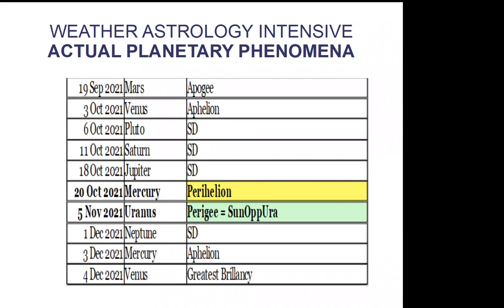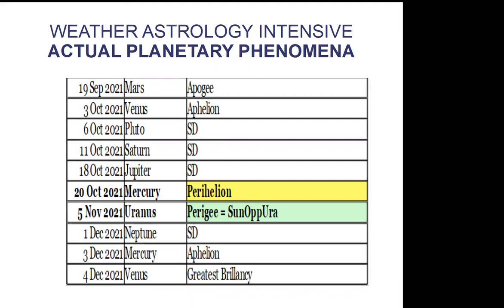So like on the 20th of October, we've got Mercury at perihelion, and we are in spring. What that does in general, we've got Mercury, it's wind, and it reflects the nature of any planets it aspects. So for spring, he talks about wind being variable. So we can read from this phenomena.